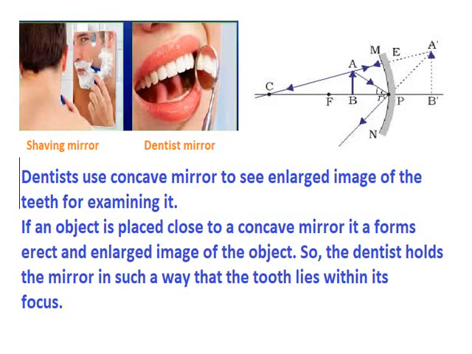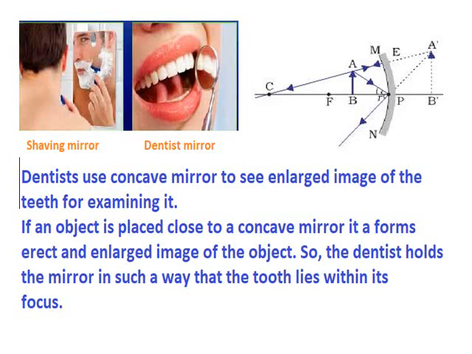So this ray diagram, when the object is kept between F and P, is purely an application of the shaving mirror and dentist mirror. So when questions from the CBSE board are asked about these types of mirrors, you must be able to draw this ray diagram in the exam. Dentists use concave mirrors to see an enlarged image of the teeth for examining them.